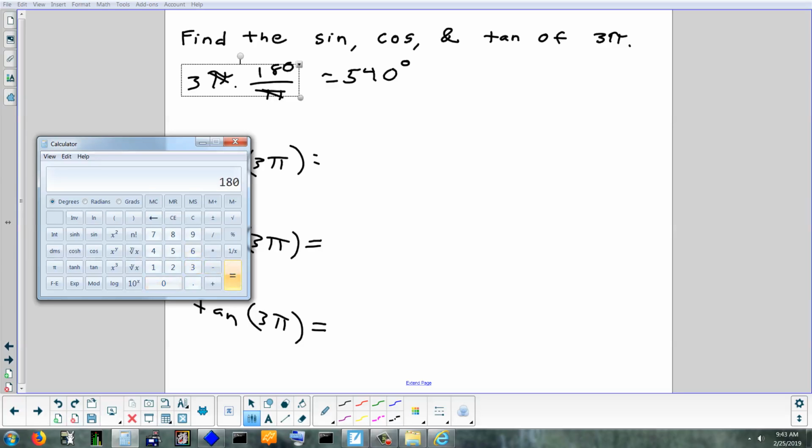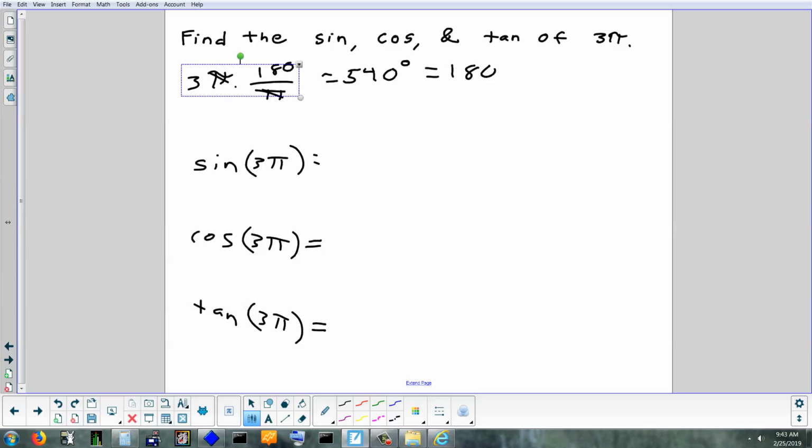That's 180 degrees. So now, think of where 180 degrees is. It's right there. So what's the coordinate for 180? Negative 1, 0. Now you can do the problem using the coordinate.